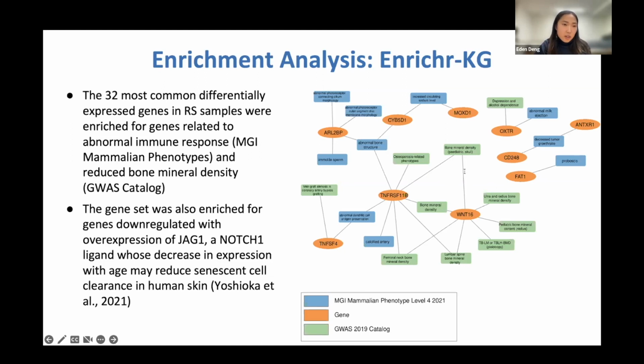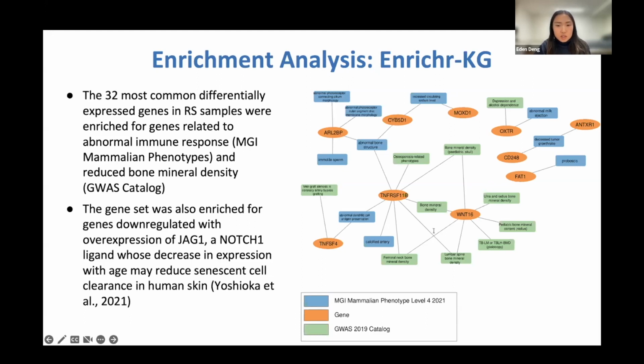And Enrichr identified a few significant phenotypic associations among these common senescence genes, including terms that are related to reduced bone mineral density and abnormal immune response. So these are phenotypes that are consistent with the potential role of these targets collectively in some aging-related processes.